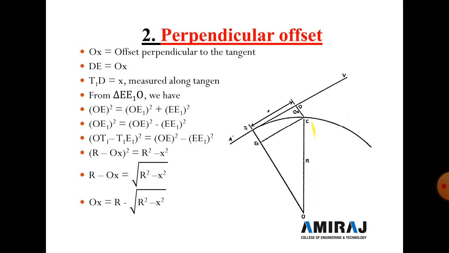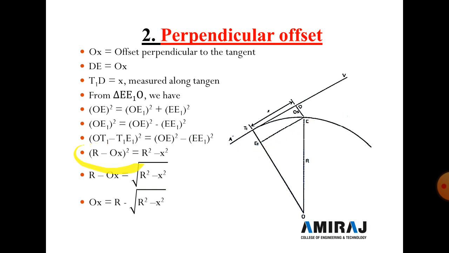OE is the value of R. OE1 is OT1 minus T1E1. Clear? T1E1 is the same value as DE, which is OX, and OE is the radius of curvature, and EE1 is the value x, the same as T1T.